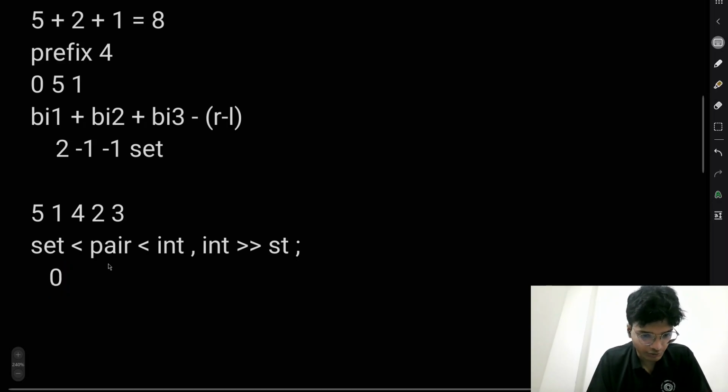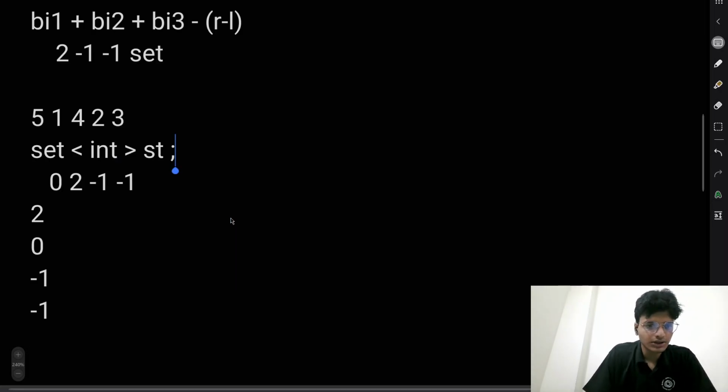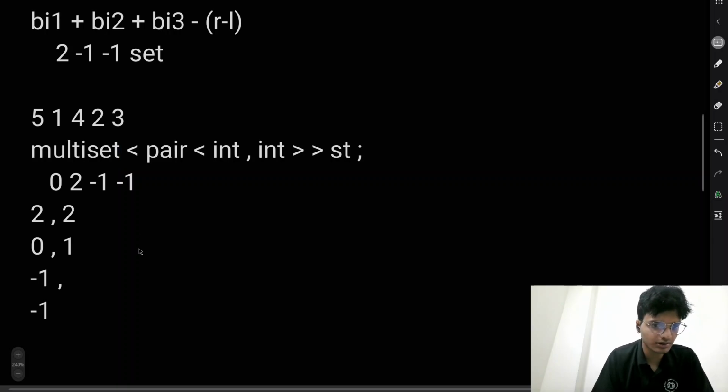It would be 0, 2, -1, and -1. Then we store in the set 2, then 0, then -1 and then -1. Wait, it's a set of pair of int only. I forgot. The second one is at the second index, and the 0 is at the first index, and we will use a multiset. It would be at third and at fourth.